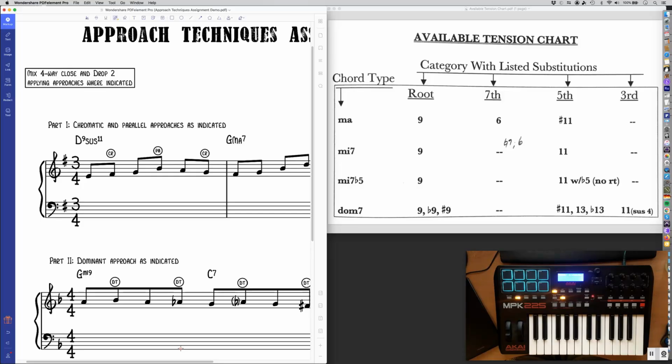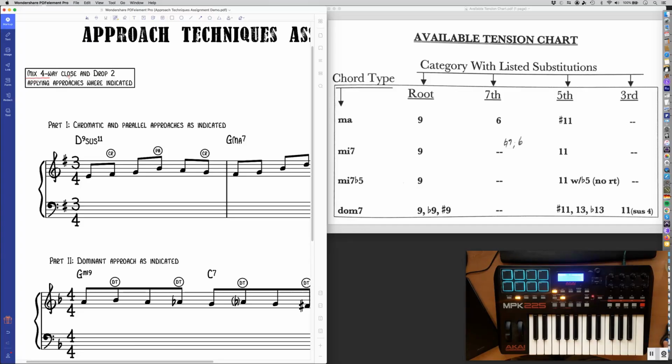We're actually not going to cover what he talks about in the way of upper-lower neighbor tones, sort of an exception rule that's on page 107. But we are going to do all of the other approach techniques, and this assignment is adapted from Lindsay's 108, 109. It's really meant to be a more concise form, but still cover each of these approach techniques.